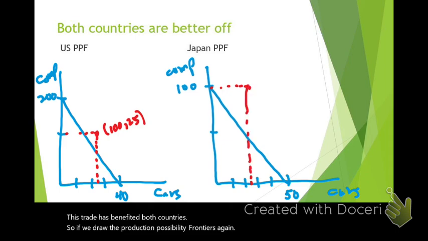So as we can see, Japan really benefits from this trade agreement, and they far exceed their original production possibility frontier. So this shows how trade can benefit when countries trade according to their comparative advantage. This trade will benefit both countries.